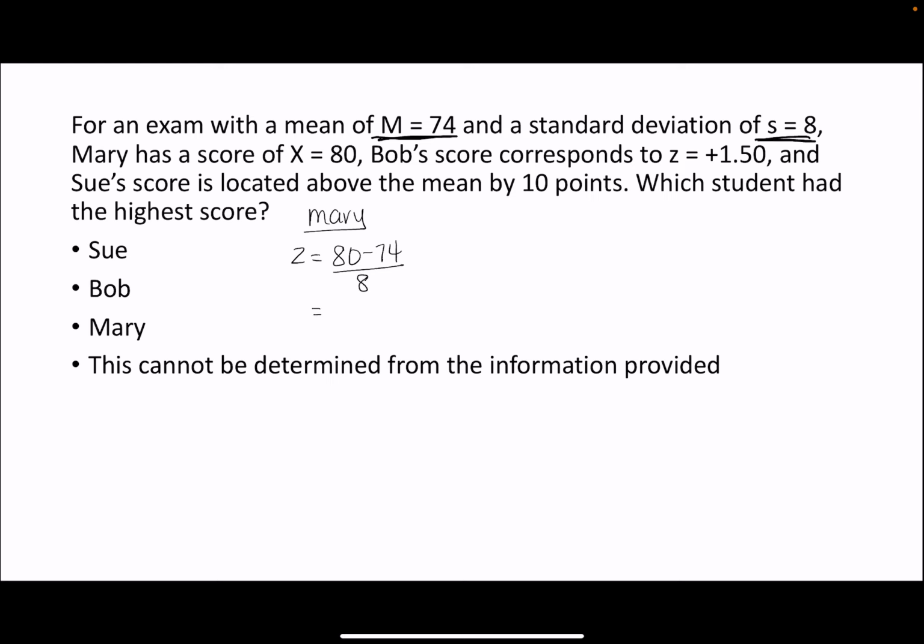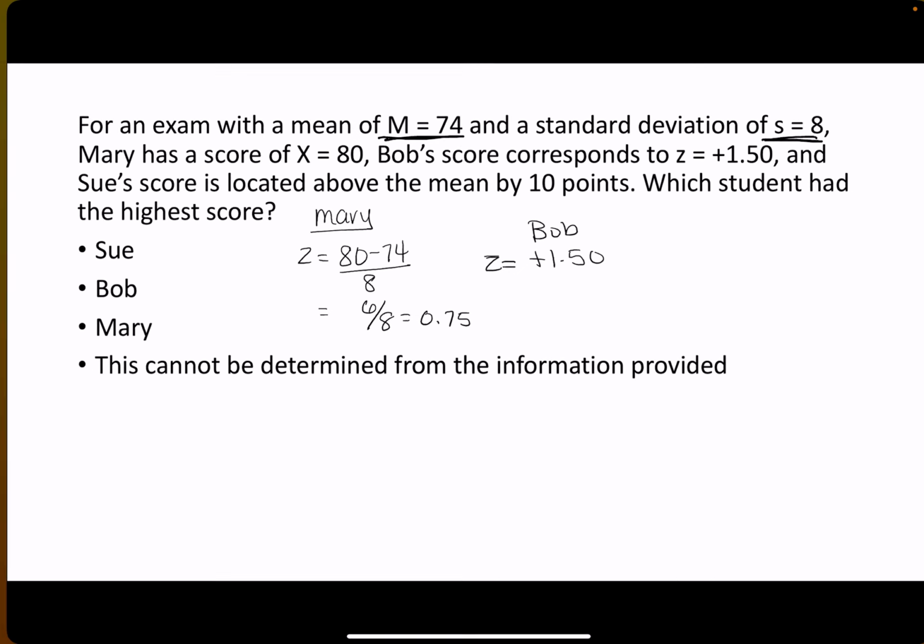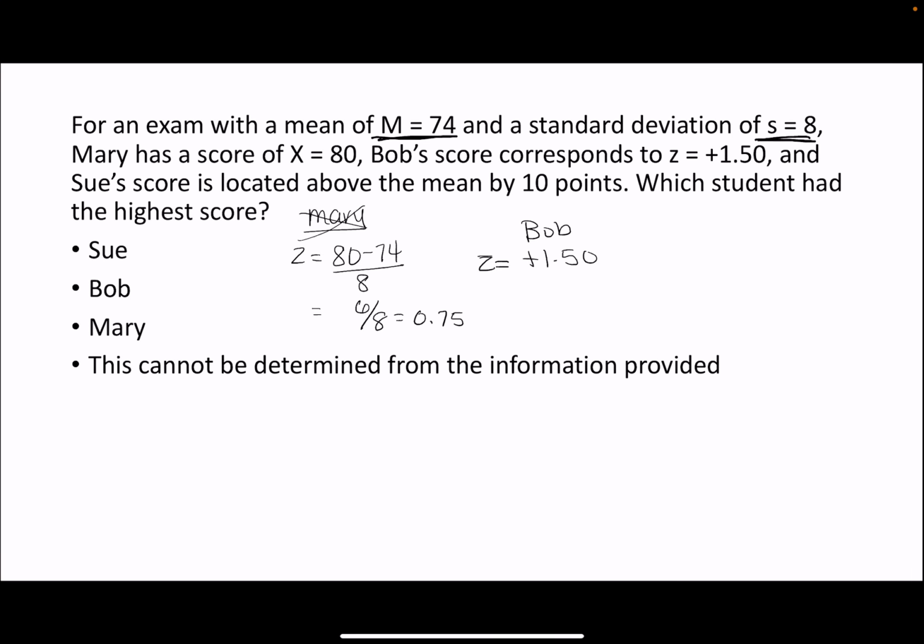So if we do that math, 80 minus 74, that's going to be 6 over 8, and that is going to give her a 0.75. Now Bob, that just told us Bob made a 1.5 on his z-score. So we can obviously see that Mary did not do better than Bob.